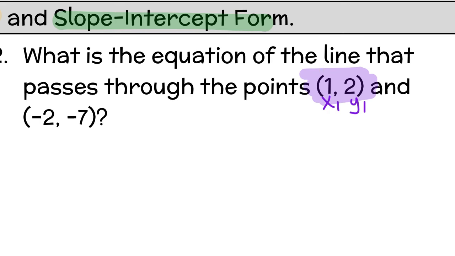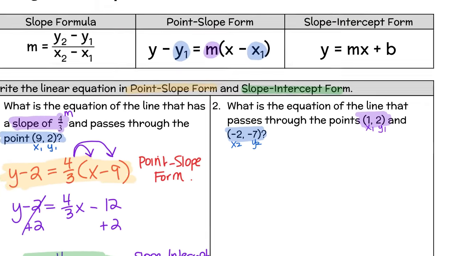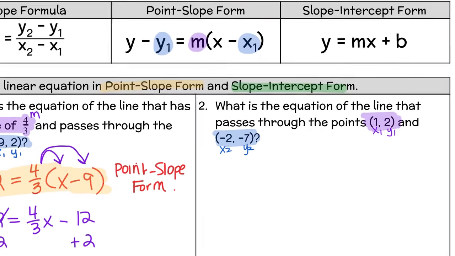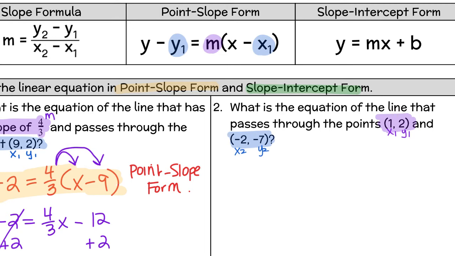And then I'm going to call the second point x2, y2. So now that I have that written down, I can go ahead and use the slope formula from above.